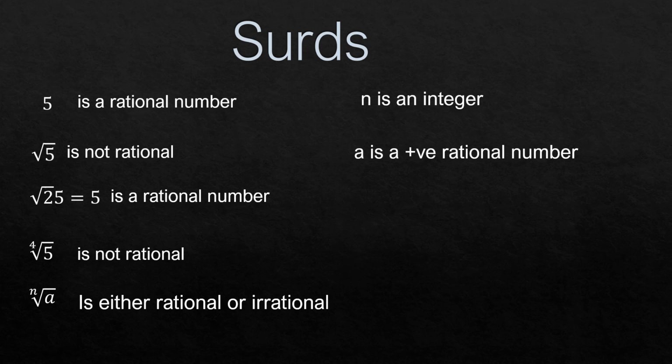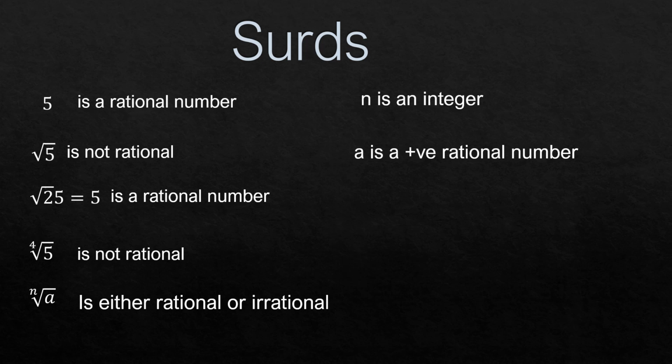Positive rational number means above 0. Integer means it will be 1, 2, 3, 4 or minus 1, minus 2, minus 3. That's why I recollected all these number systems before starting surds. So n is an integer means it can be a negative or positive number, but it cannot be a fraction, like a rational number.